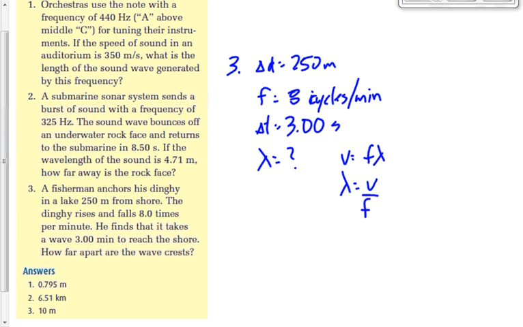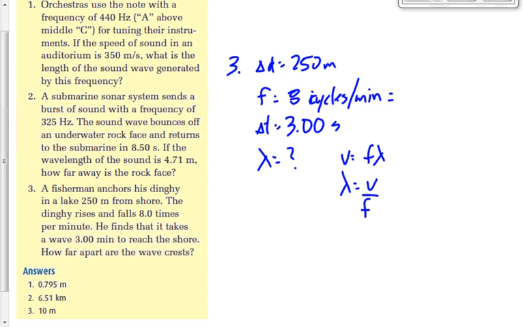Now V, we don't know what it is, but we do know what F is if we convert that to hertz. Let's do that now. 8 cycles per minute is going to be how many cycles per second? Do we multiply or divide by 60? We're going to divide by 60. If we multiply, we get 480. If you have 8 cycles in an entire minute, are we going to have 480 cycles in 1 second? No, we're not.